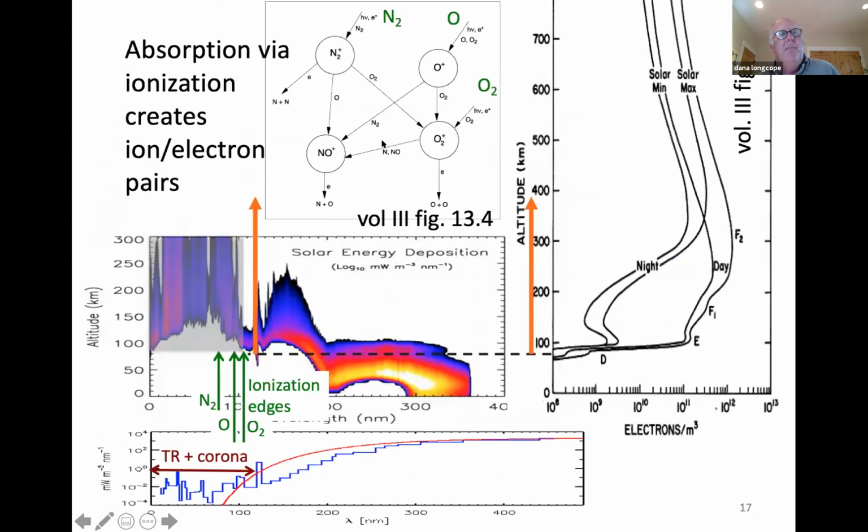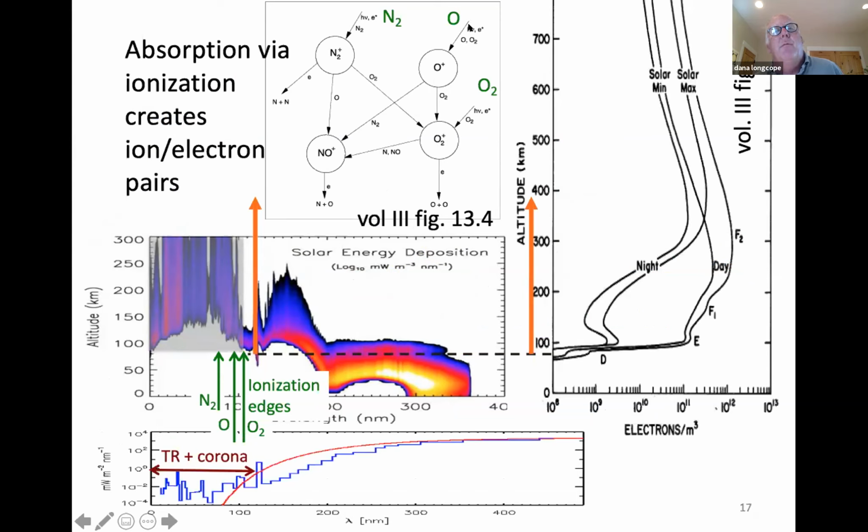Okay. And this is what's really giving rise to these free electrons. This is why we get the electrons, because you are having photons absorbed and knock you into some of these excited states.